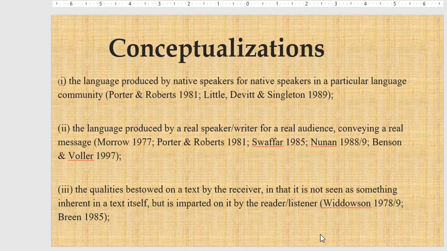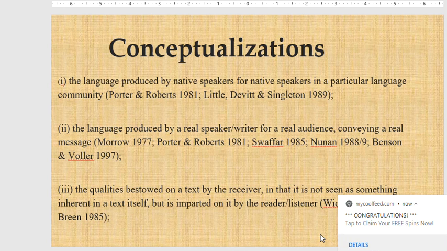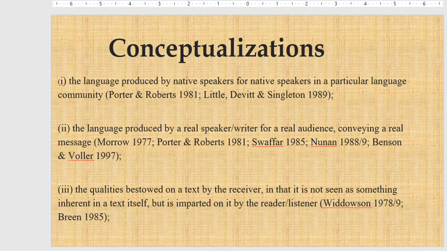It means that all messages, all passages, and all language produced are authentic if the hearer, the listener, the addressee can easily and smoothly interact with that text.